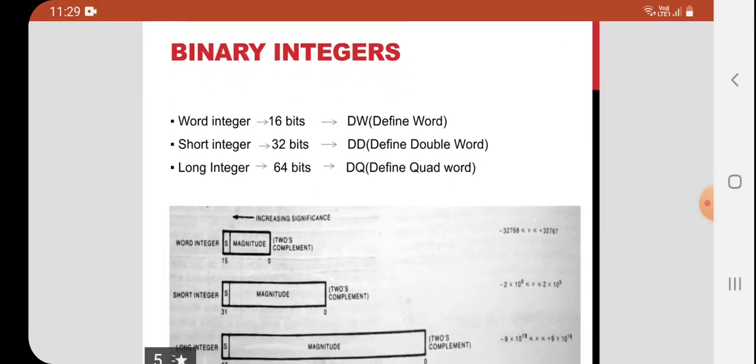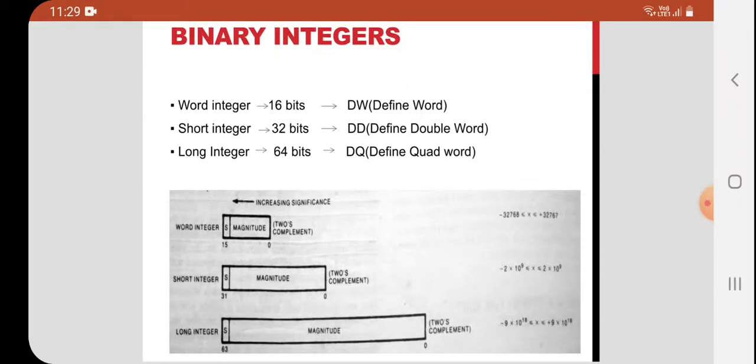Coming to binary integer, the first one, you have three subcategories: word integer, short integer, and long integer. The word integer, as the name implies, is 16 bits, labeled as defined word. The short integer is 32 bits, defined double word, and the long integer is 64 bits, defined quad word.